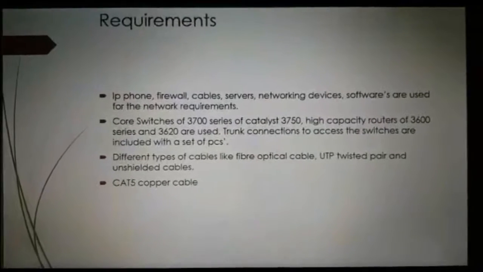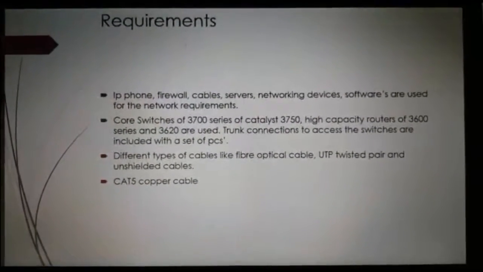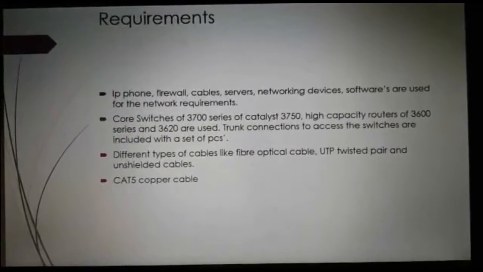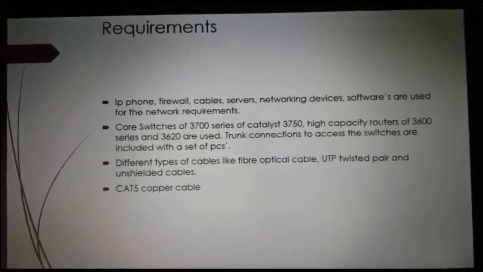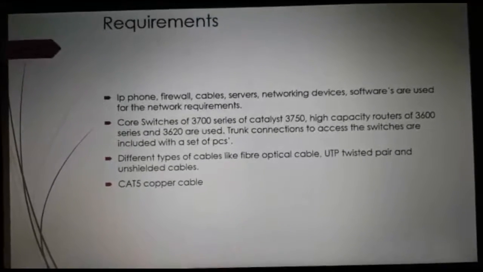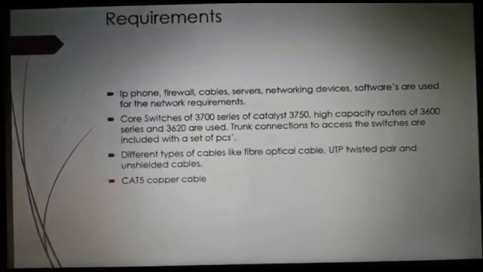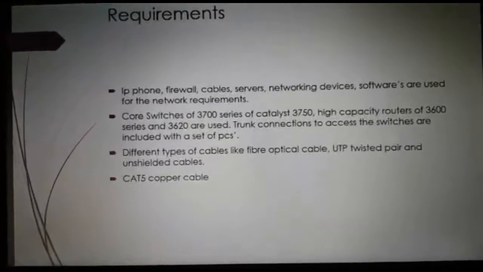So we can see that the requirements of the current network design include networking devices, software, cables, servers and firewalls. In the present network, switches like core switches of the 3700 series Catalyst 3750, and high capacity routers of the 3600 series and 3620 are used.